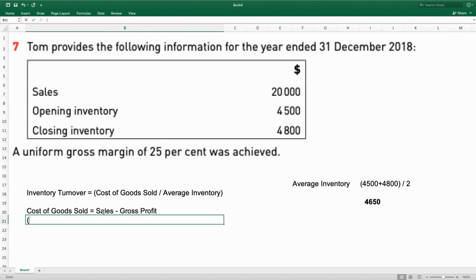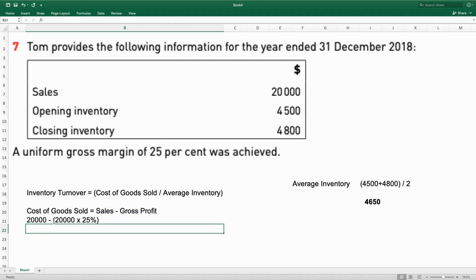So what is the sales actually? 20,000. And what is the gross profit? Margin is given. Margin means a percentage of gross profit based on sales, right? So 25% of that 20,000, how much will it come? 5,000. What is the sale? 20,000 and its 25% is the gross profit.